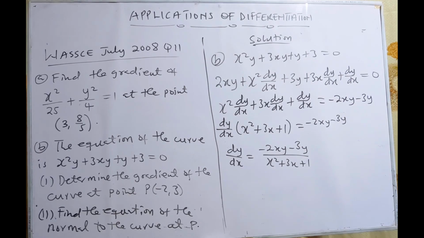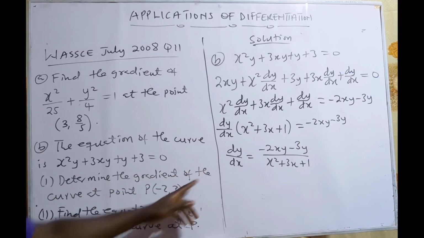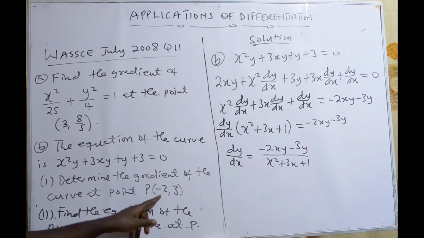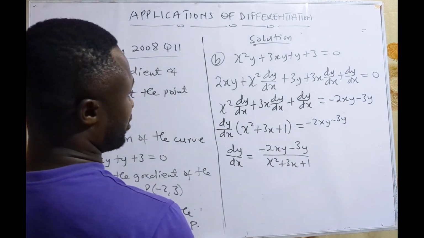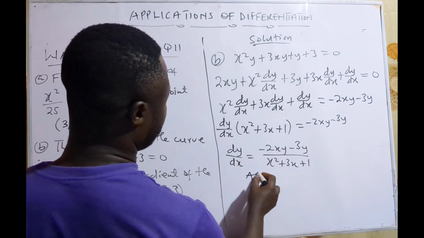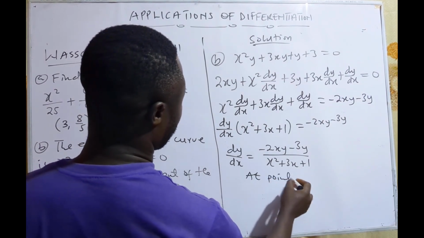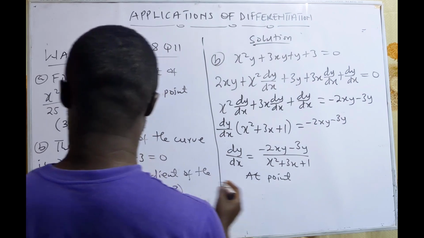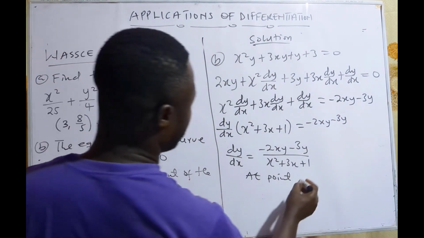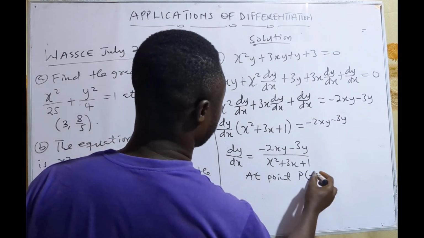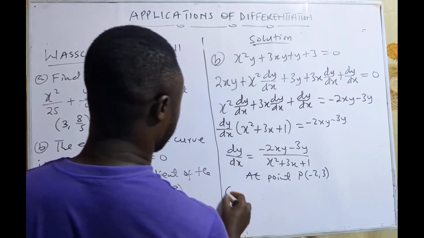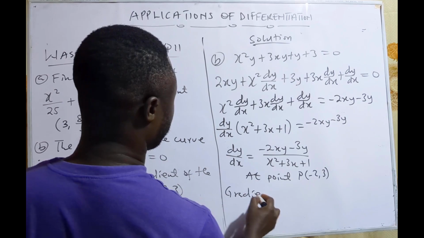So this will be my dy on the x, and I'm supposed to determine the gradient of the curve at point -2, 3. So this is the gradient function. Okay, so at point p, which is -2, 3, ought to be my gradient.